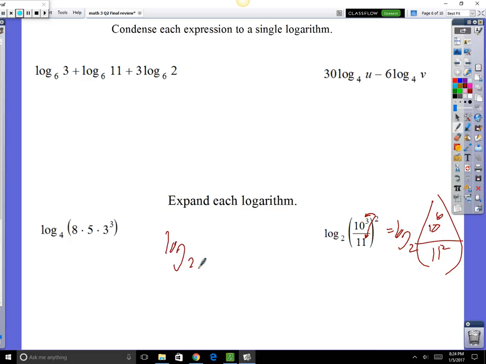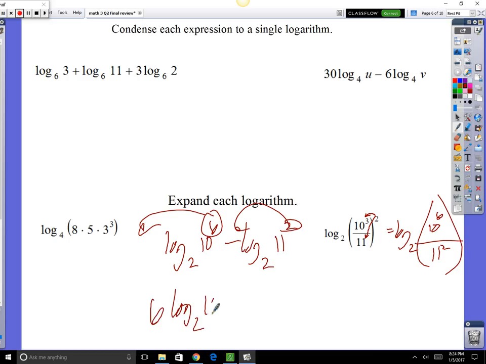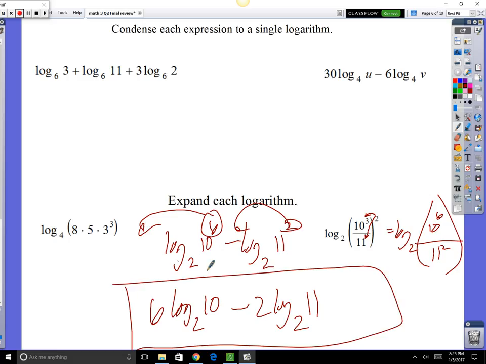So this is going to be log base 2 of 10 to the 6, subtract log base 2 of 11 squared. Then take your exponents out in front. So this is going to be 6 times log base 2 of 10 minus 2 times log base 2 of 11. And that is where you stop.